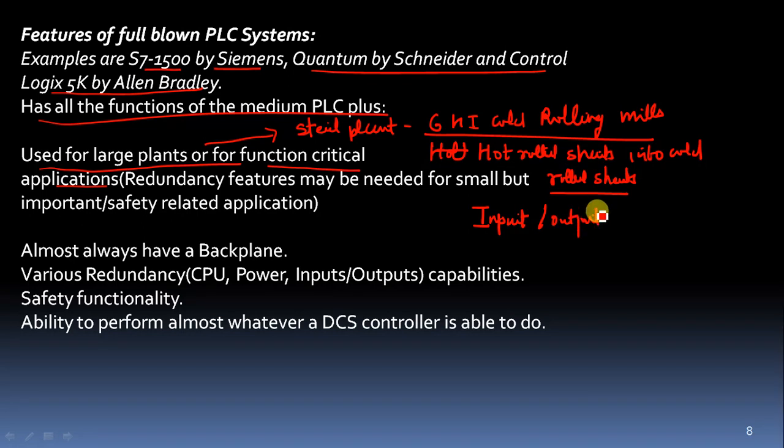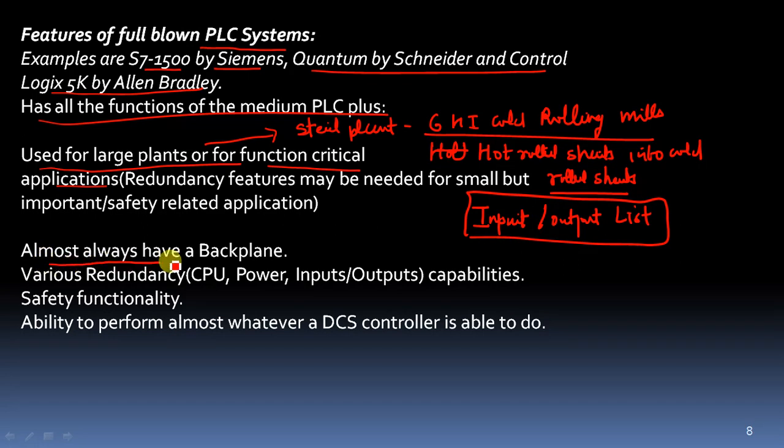So for that purpose, where you have got a large number of digital inputs and a large number of digital outputs associated with a PLC, there you have full blown PLC systems. So where you have large plants, they are used in those applications.